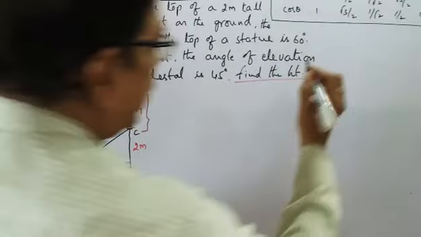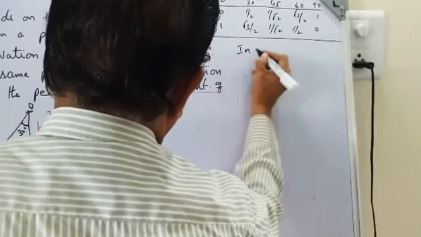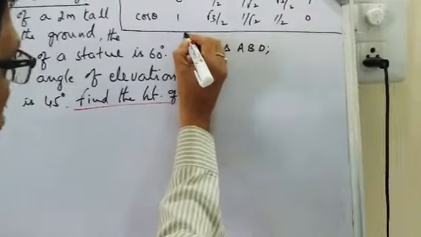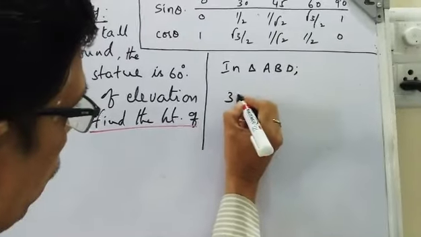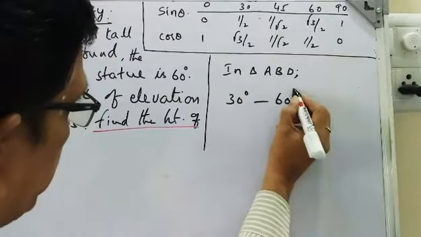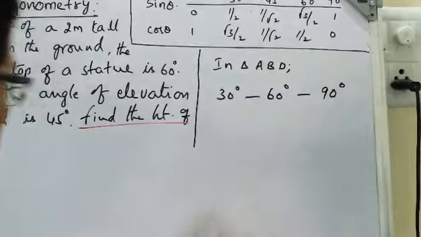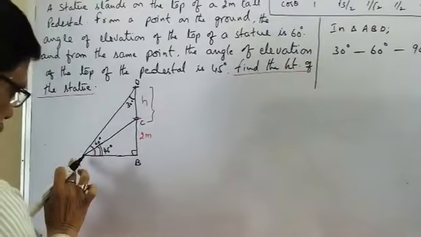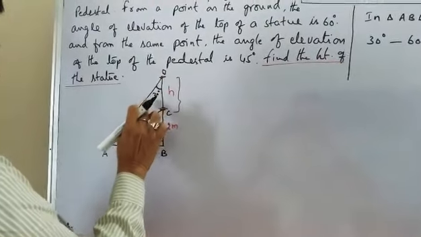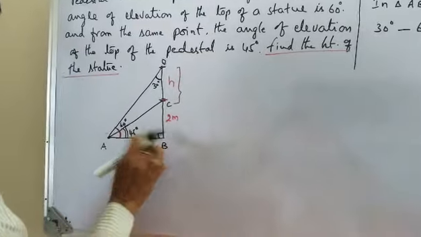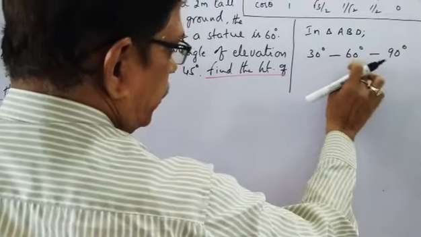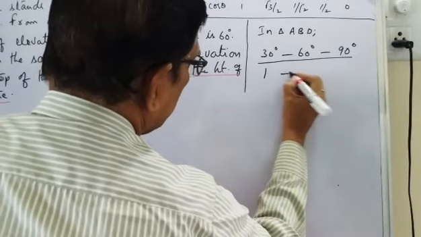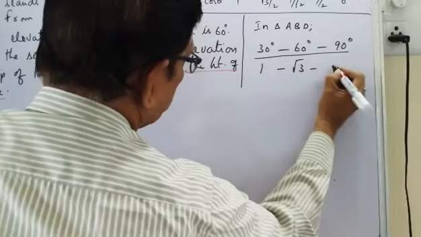In triangle ABD, observe the triangle carefully, all of you: this is 30 degrees, this will be 60 and this will be 90. So for 30, 60 and 90, the ratio I already told you in a previous video class, we have to take it as 1:√3:2.